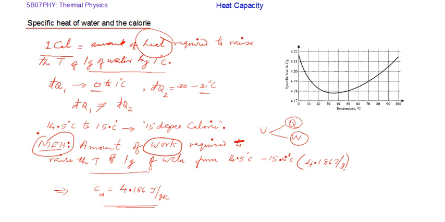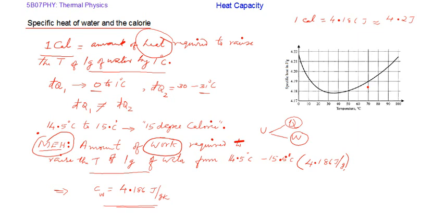So now we have actually equated the numerical value of three of the quantities. One is the definition of calorie and its relation to joule. 1 calorie is equal to 4.186 joules, which is what you roughly write as 4.2 joule.